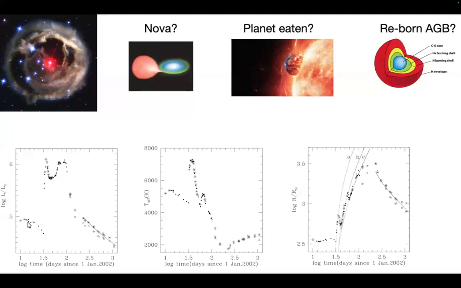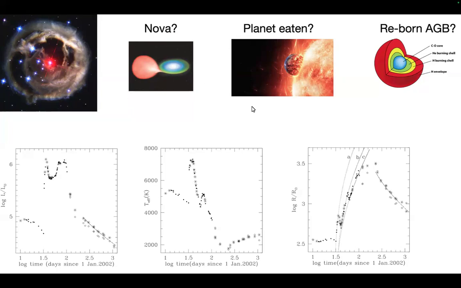If you look at how the luminosity changed over the course of the eruption, you see this bright peak, and then you also see these smaller peaks. There are two smaller peaks in the luminosity curve.